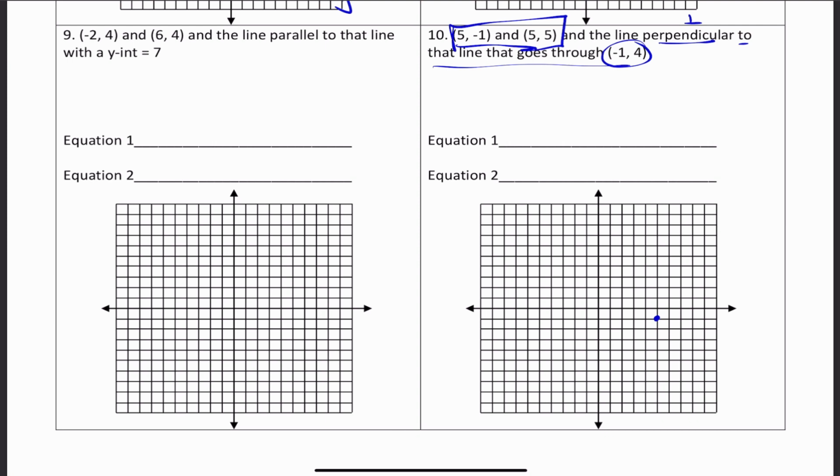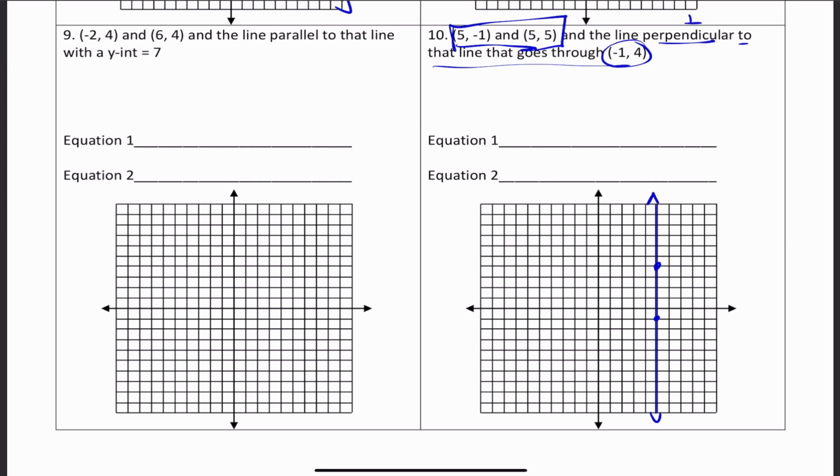Then I connect them. Looking at this line, it's for sure undefined. And then we have a line that goes through negative 1, 4.